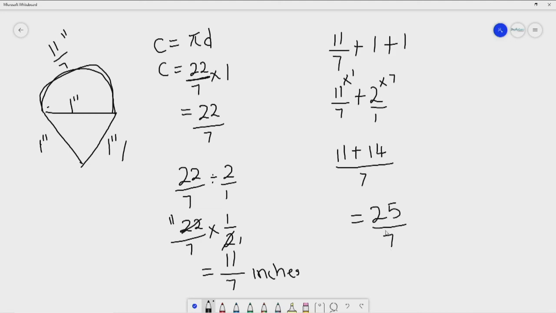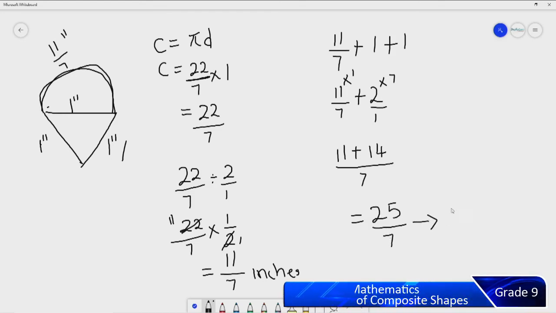And we can break this down. We don't need to leave this as an improper fraction. How many times could 7 go into 25? 3 times, because 3 times 7 is 21, and we have 4 remaining, so we write that as the numerator, and the denominator remains the same. So this gives us 3 and 4 over 7 inches.